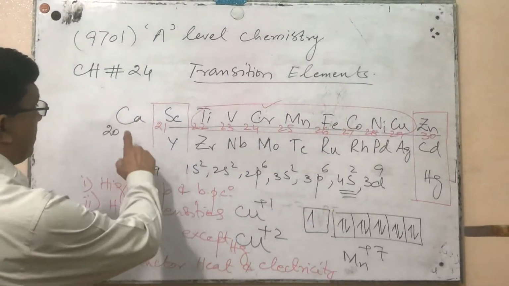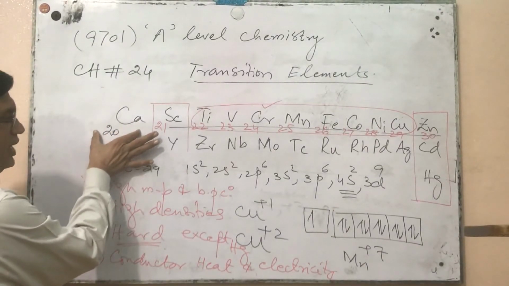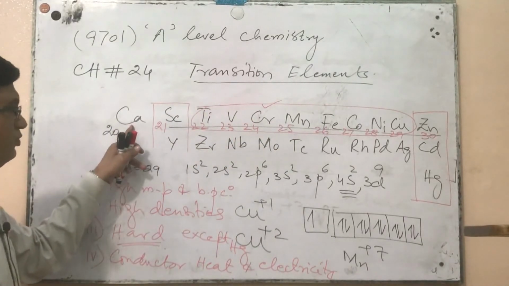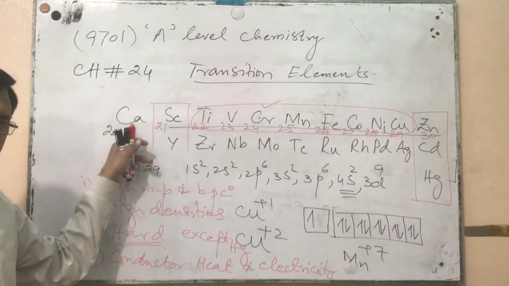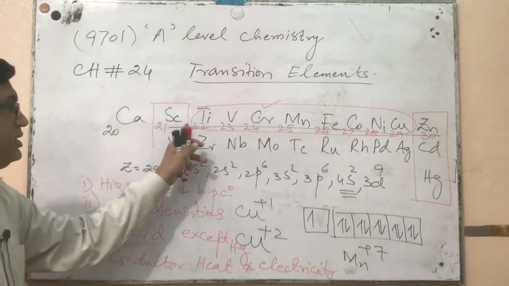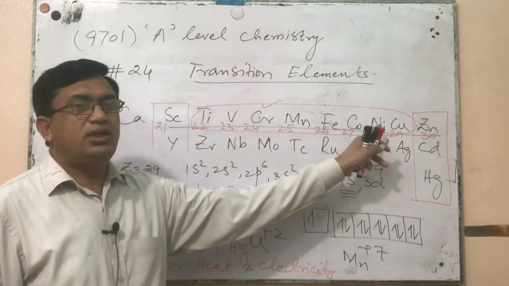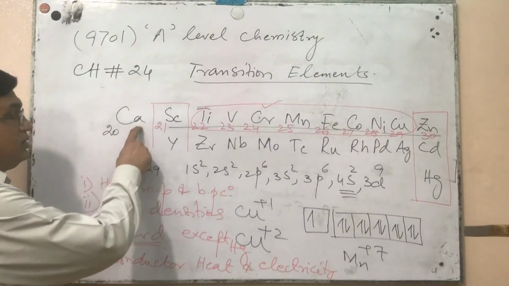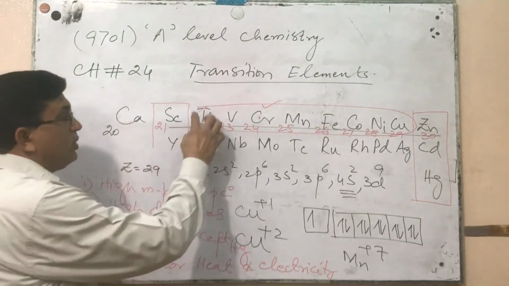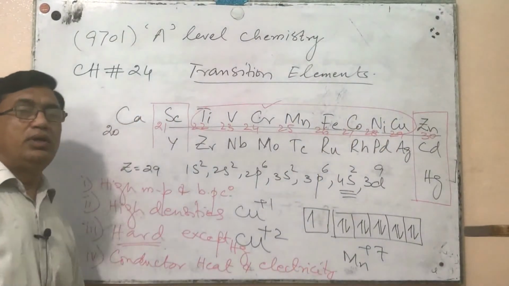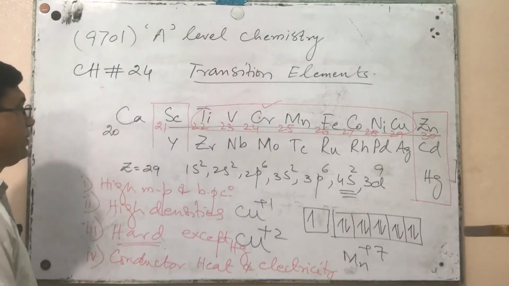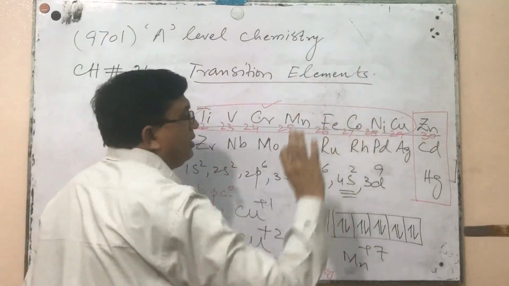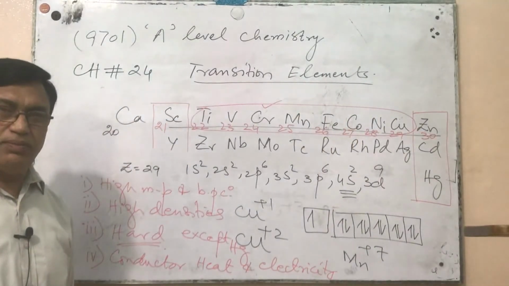Now, if we compare the properties of calcium with the first d series, the size of the calcium atom and ion will be much larger as compared to all these typical transition metals. The density of calcium will be lower, and the melting point of calcium will be lower than these typical transition metals.